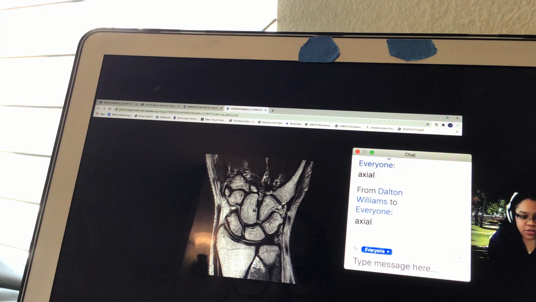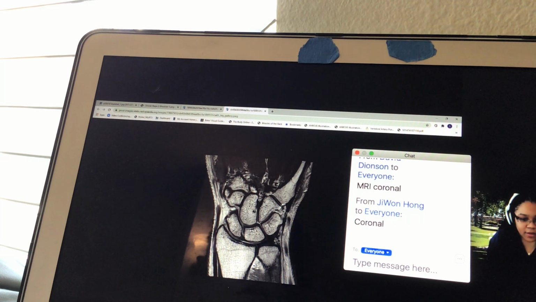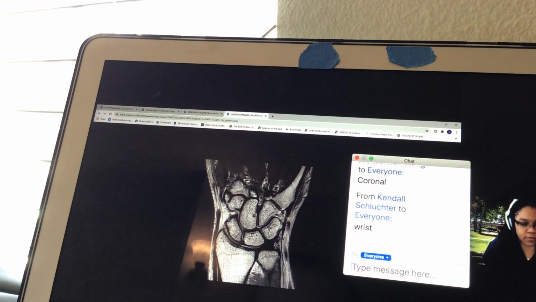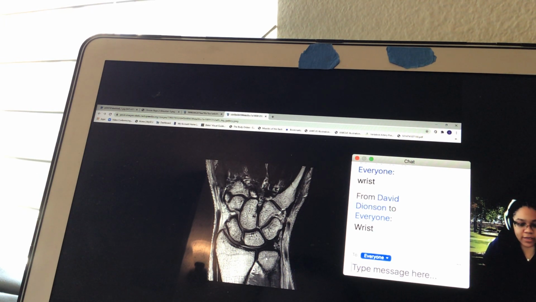Axial, sagittal, or coronal for the plane. This is a coronal, and this is also an MRI. And what region is this? Your wrist. This is the wrist. We see radius, ulna, we see carpal bones, and a little bit of that first metacarpal, or fifth metacarpal, sorry.